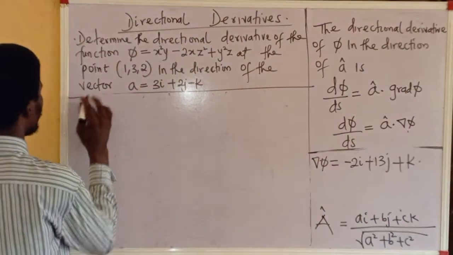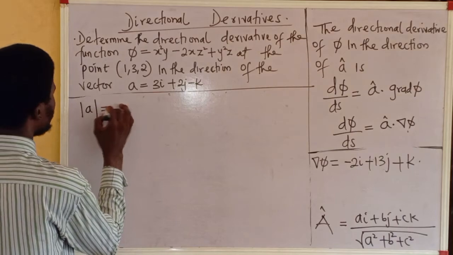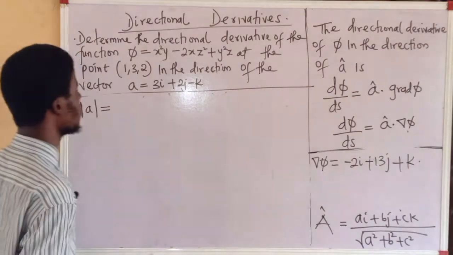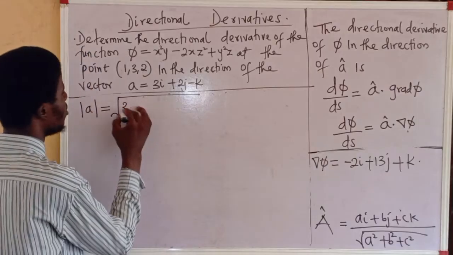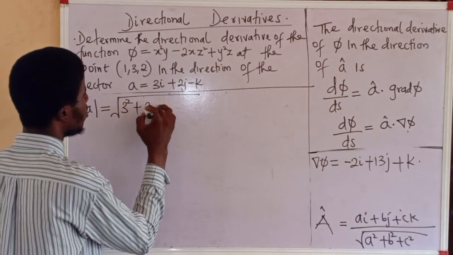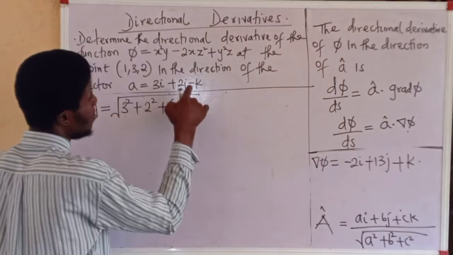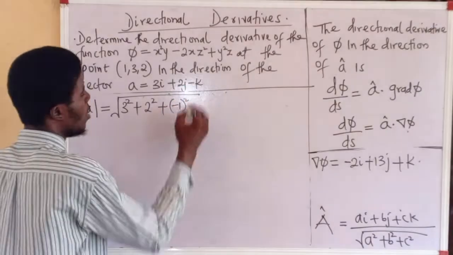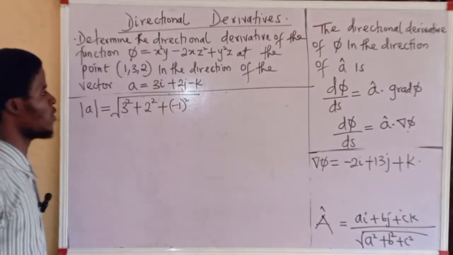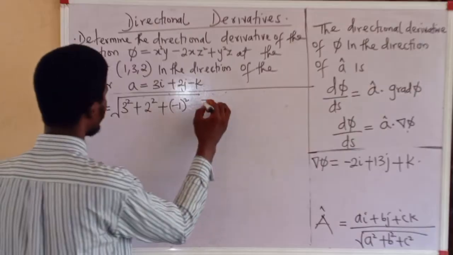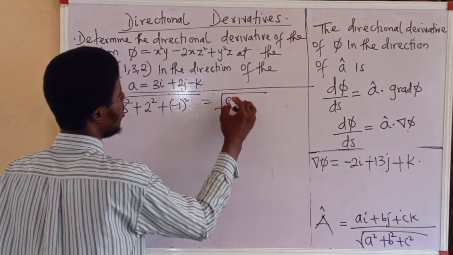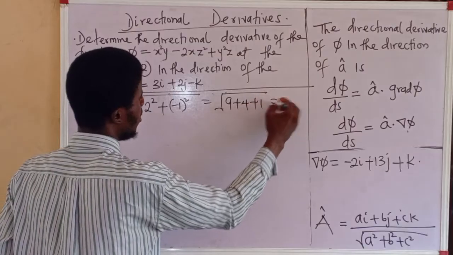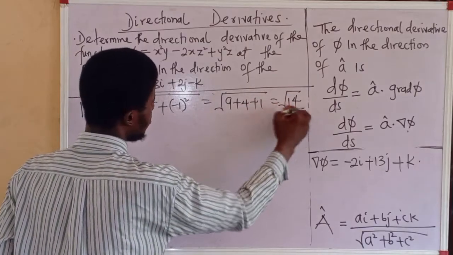So the magnitude of the vector A, or the modulus, or the length of this vector, is the positive square root of 3 squared plus 2 squared plus minus 1 squared. Minus 1 is the coefficient of k there. This is 9, 4, 1. 9 plus 4 plus 1, and that's 14.